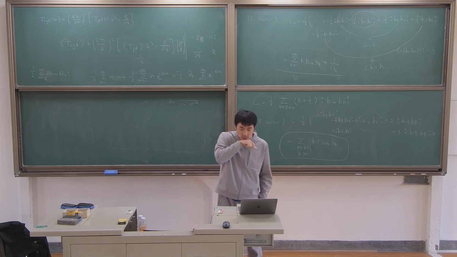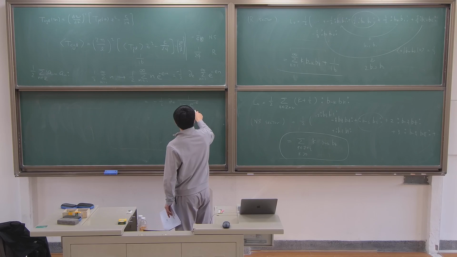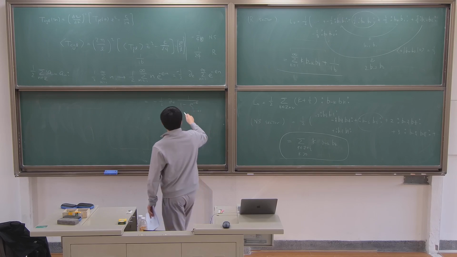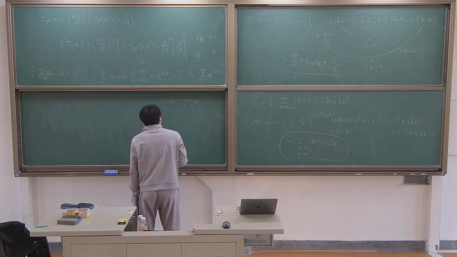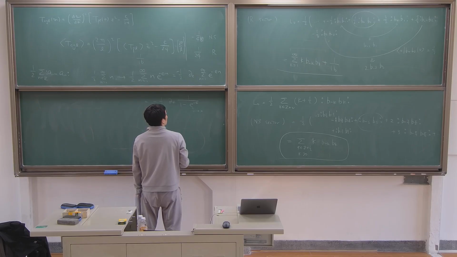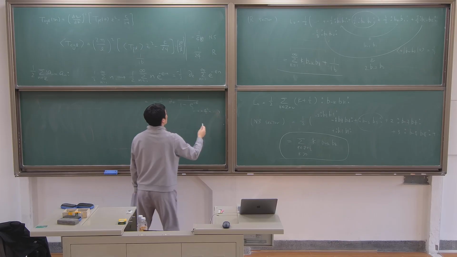And treat epsilon as very small, so this one is something like 1 minus epsilon, and so on.